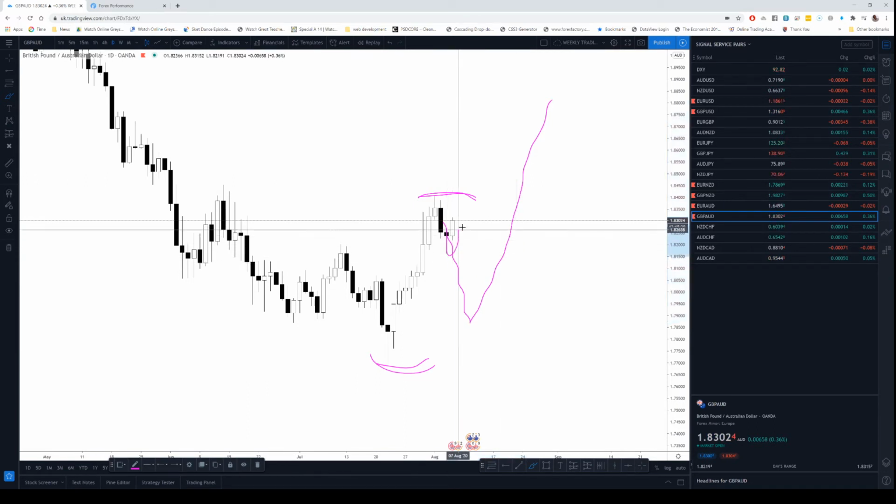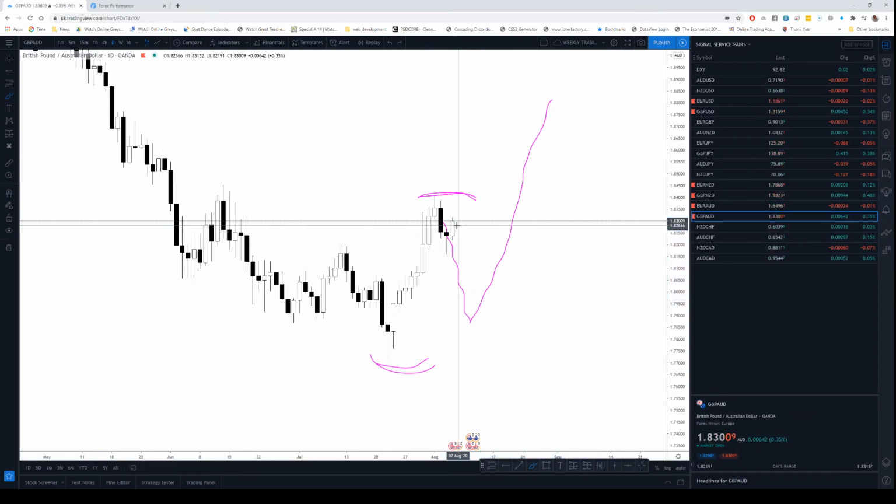Right, price can do whatever it wants to do in here. And during this time, that's when I experience a bit of difficulty with my trading. Why? Because it's hard to read what it's going to do next.